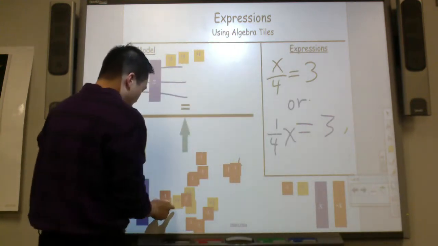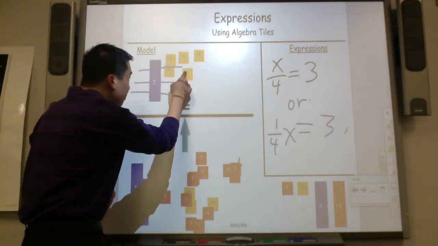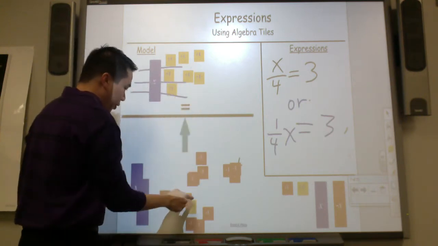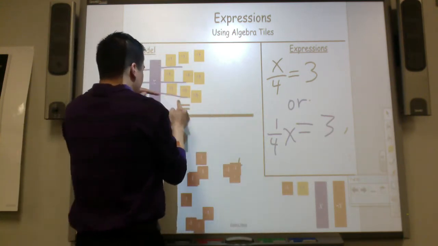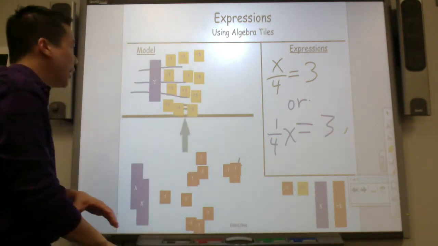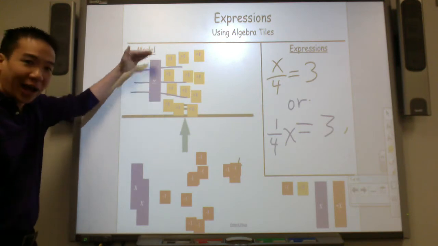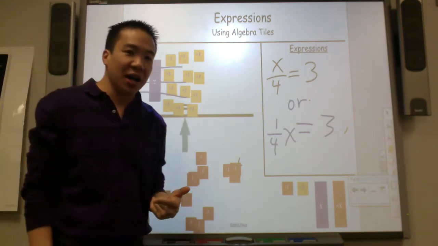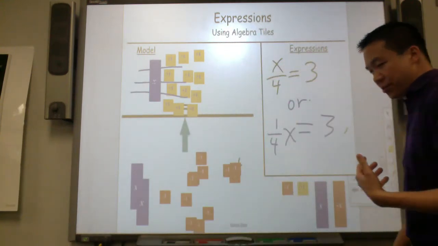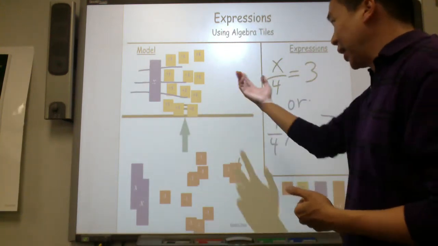So if this fourth has positive 3, this fourth has positive 3, this fourth has positive 3. So the whole x has how many positives? 12 positives.